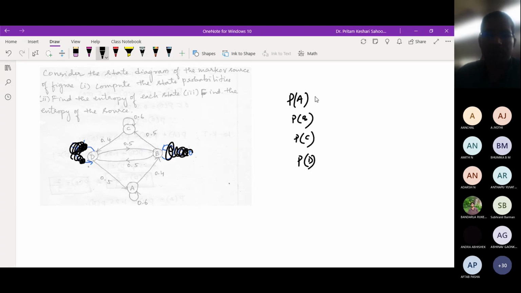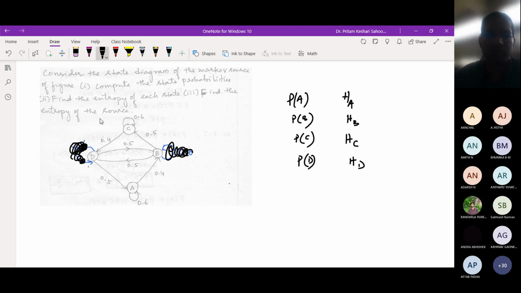So first of all, we have to find out the individual state probabilities. Then next, we have to find the entropy of each state. That means we have to calculate H of A, H of B, H of C, and H of D. Okay, entropy of each state.